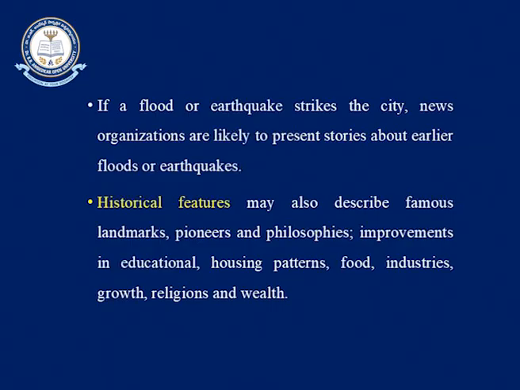Basically, the historical orientation will be included in these features. Historical features may also describe famous landmarks, pioneers and philosophies. It covers improvements in education, housing patterns, food, industries, growth, religions and also wealth.